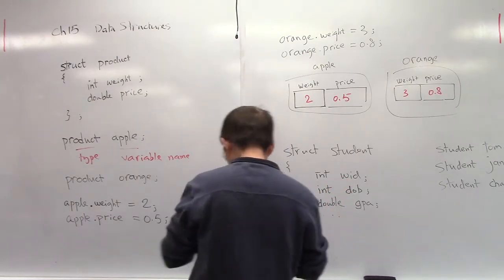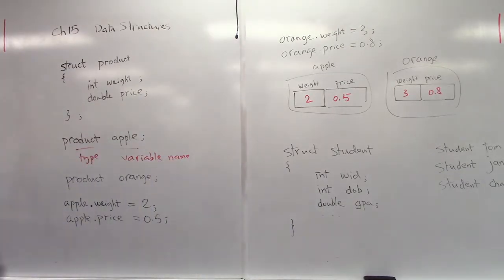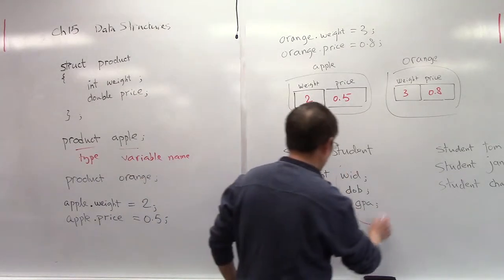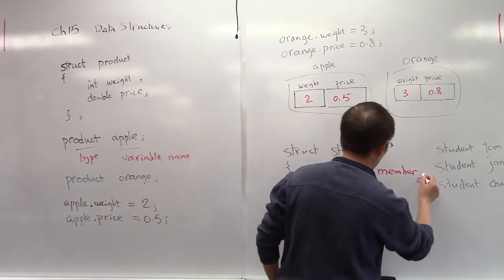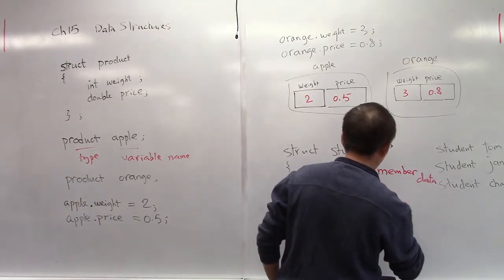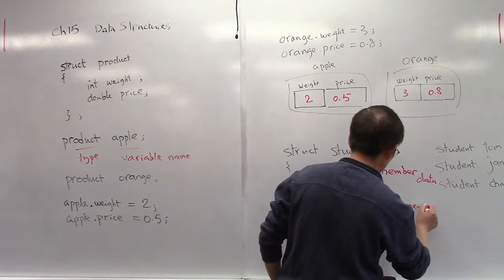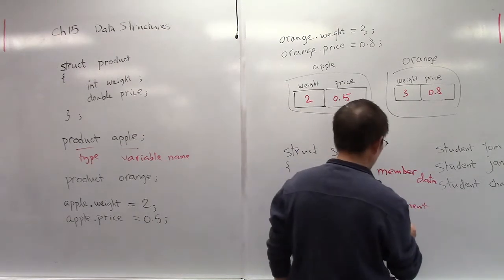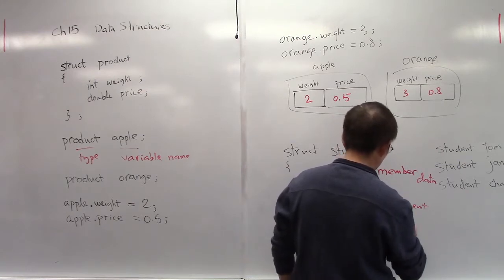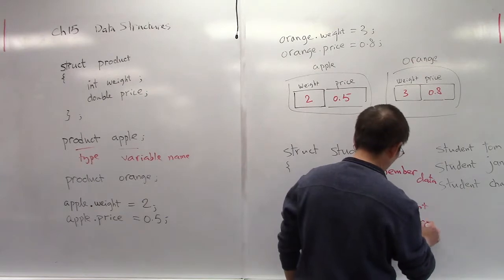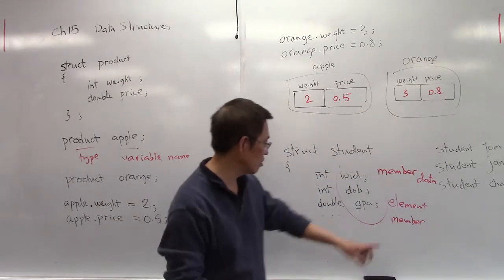What this individual data in C language is called is a member data or element of a struct, okay, or just member. The textbook tends to use the name member.